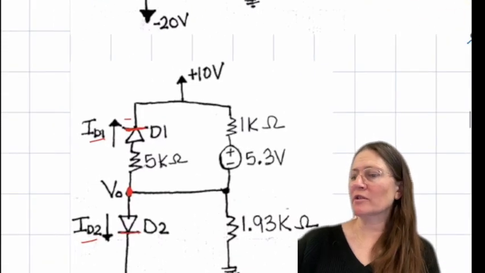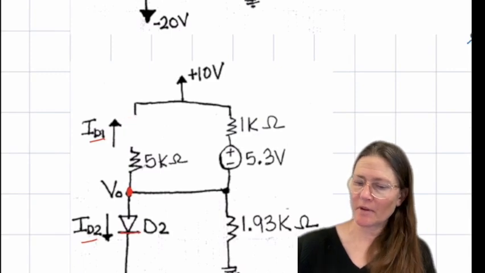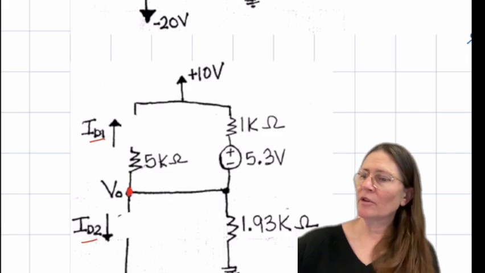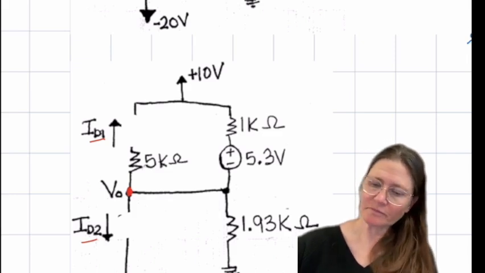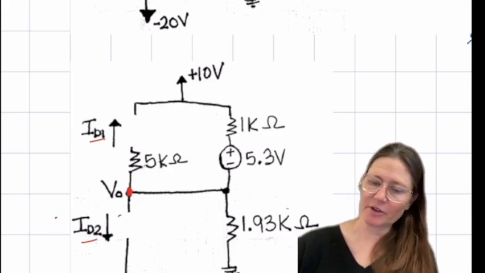But let's say we are going to redo this one, and we want to say that this one is off and the other one is on. So here we assume on for the bottom one and off for the top.